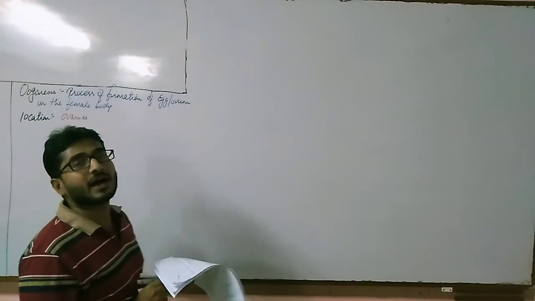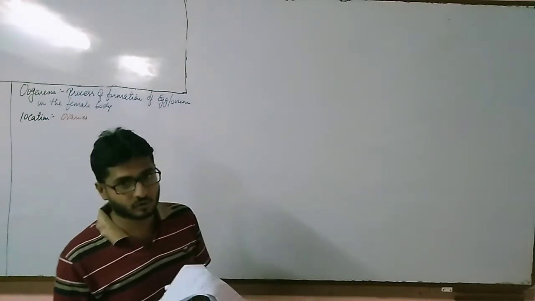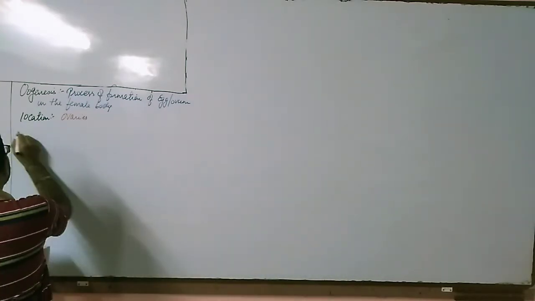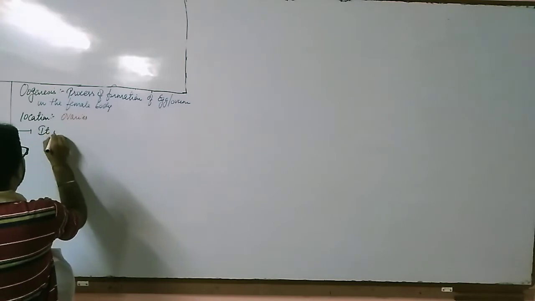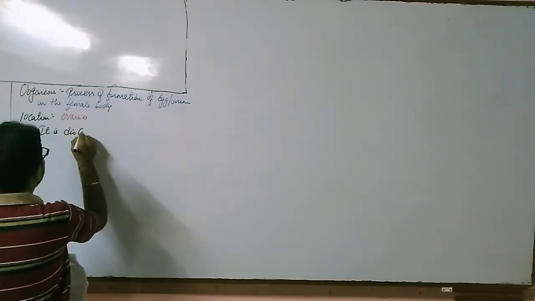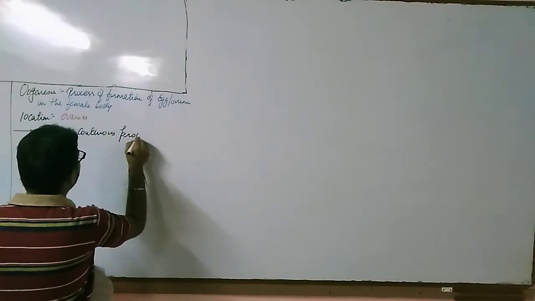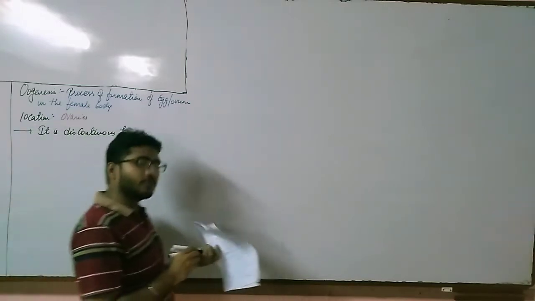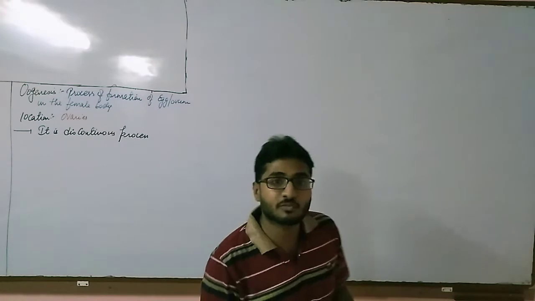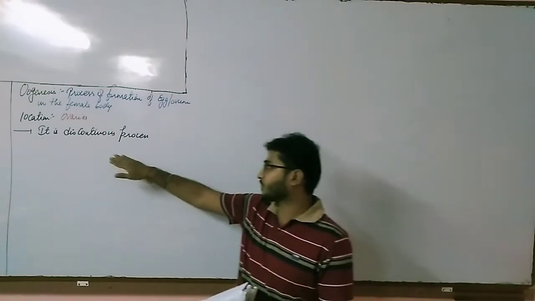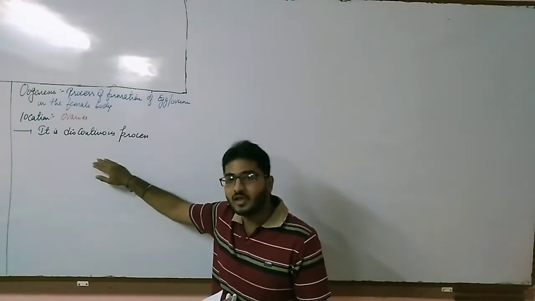Oogenesis is a kind of discontinuous process. This statement is very important. It is a discontinuous process.